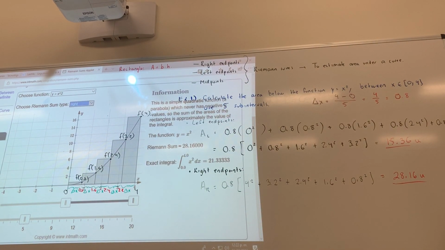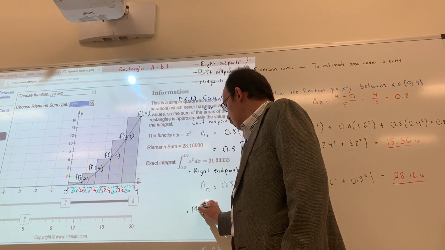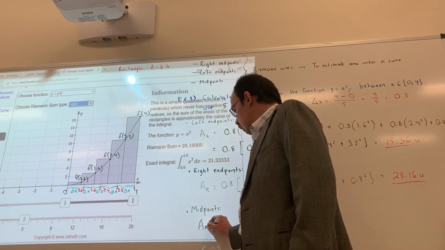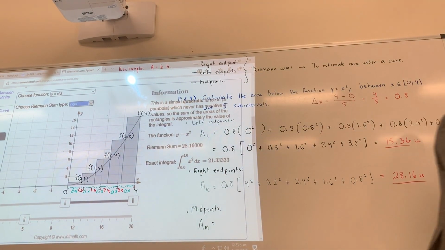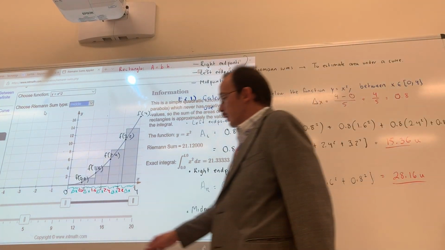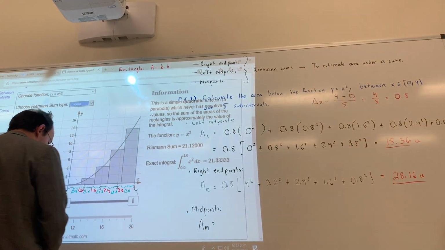Okay. Now the next one is the midpoints. For the midpoints, check this. Now the height is going to be different, because the midpoints of the rectangles are the ones that give the height of each rectangle.